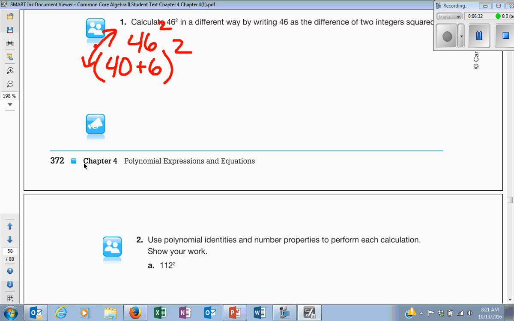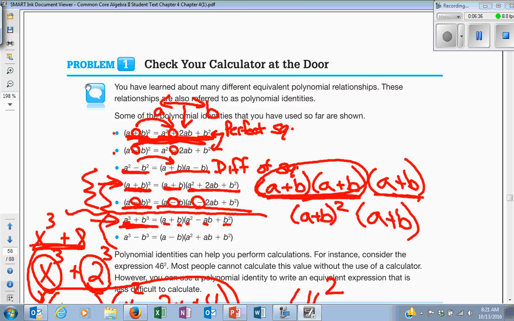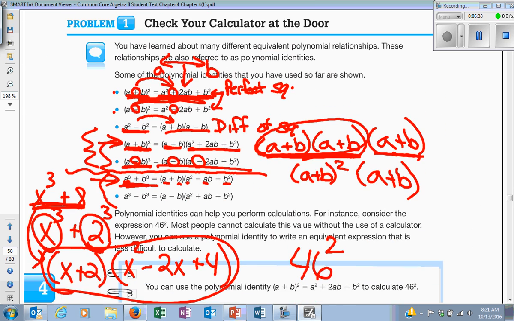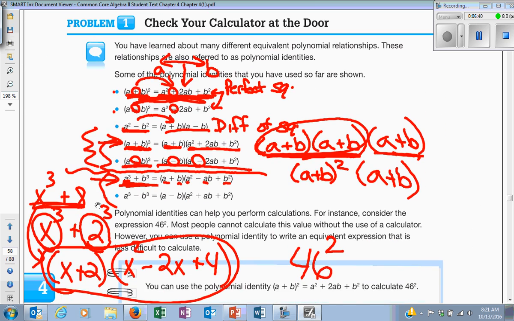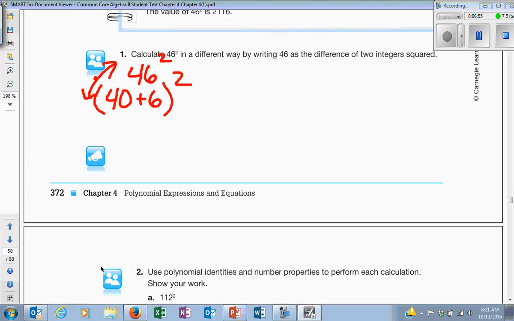Well, if I go back to my perfect square, do you see how I have A right here? I have (A plus B) squared, and then they gave me what it should look like, the form. Are you with me? What is this? A. What is this?